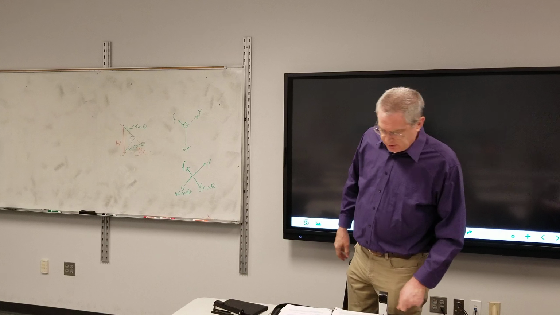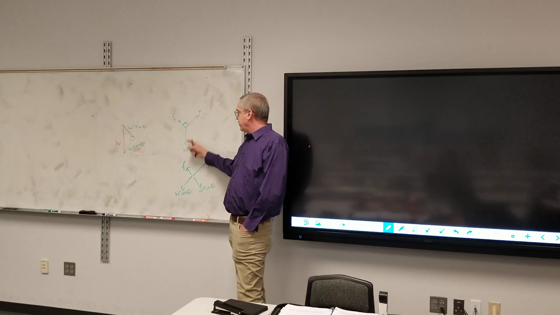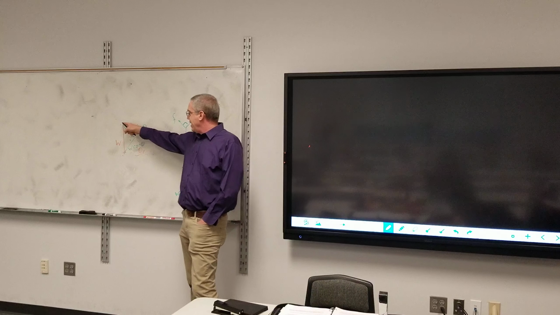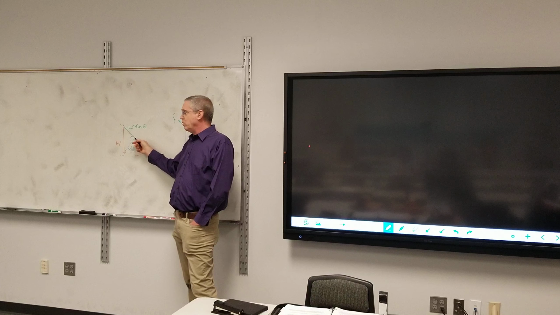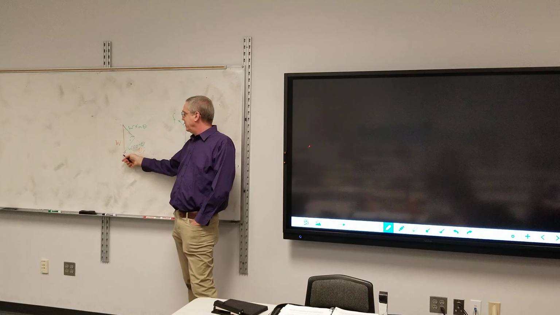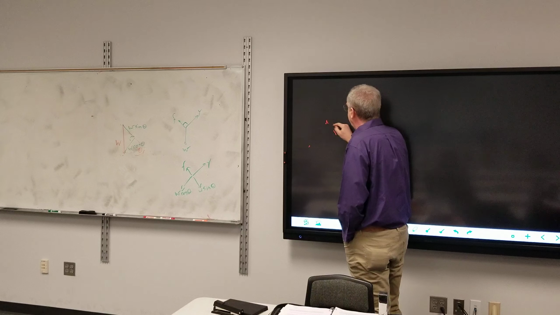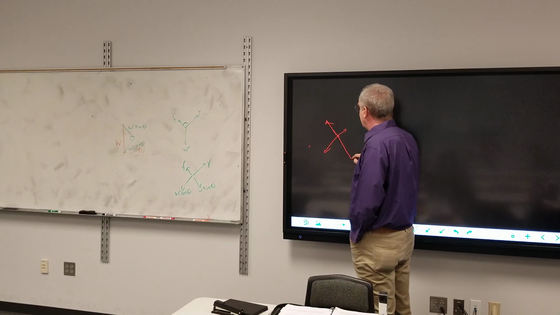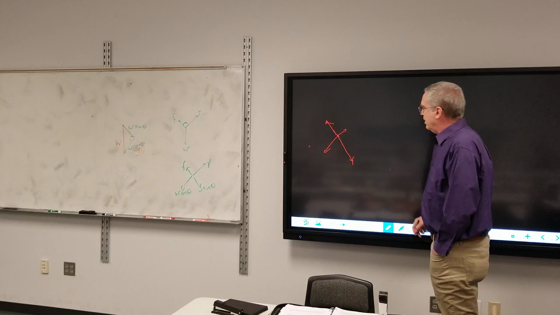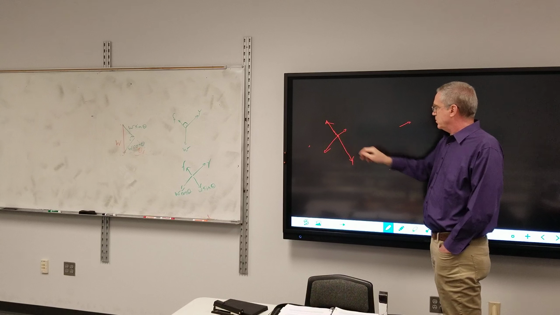The reason why it works that way is that if I add these two vectors together, I'm gonna get this one. If I add the two vectors together in the head to tail method, I draw one, then wherever that one ends, I draw the next one, and then I draw a vector from where I begin to where I end. That's basically the way you add vectors. So if I've got however many, I start with one of them, and I try to draw it the same magnitude, same direction. That's supposed to be this one.